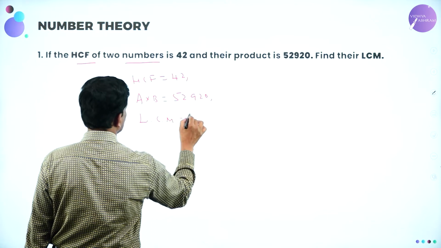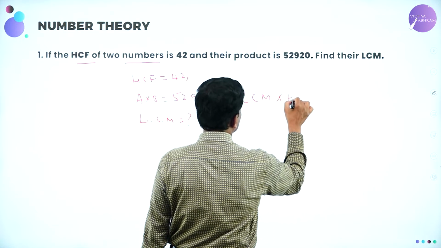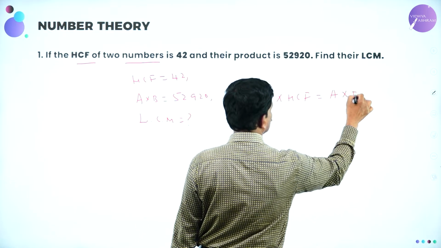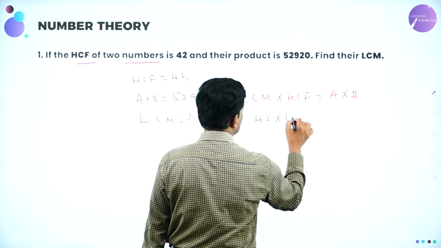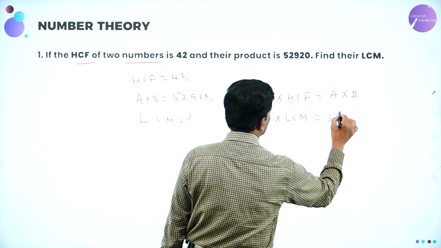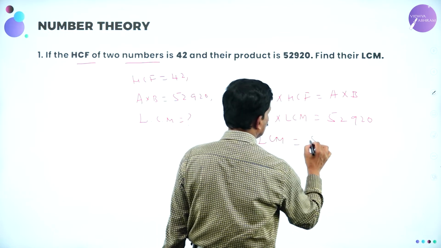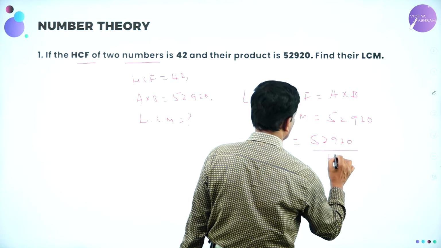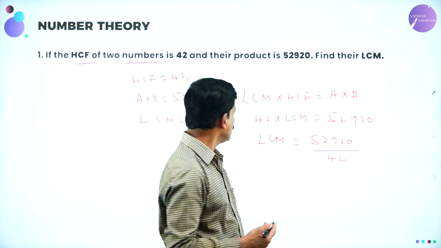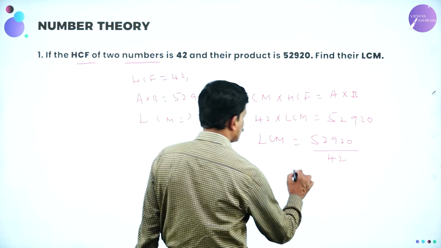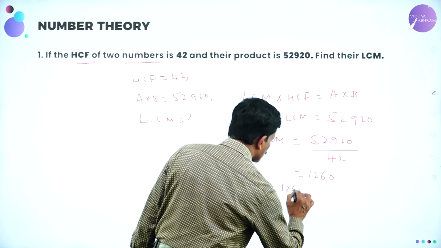Here we know the relation: LCM into HCF is always equal to A into B. The product is given, and the HCF is 42. So 42 into LCM is equal to the product, 52,920. Therefore the LCM is equal to 52,920 divided by 42. The answer you get is the LCM. So this is equal to 1,260. Therefore the LCM is 1,260.